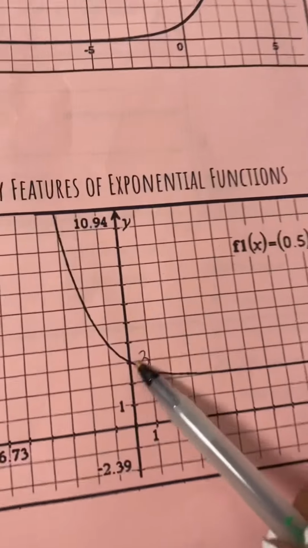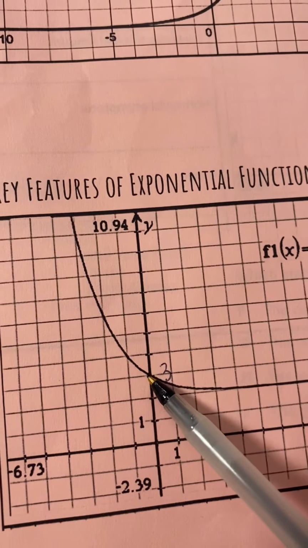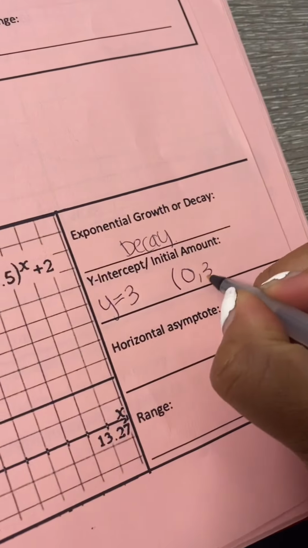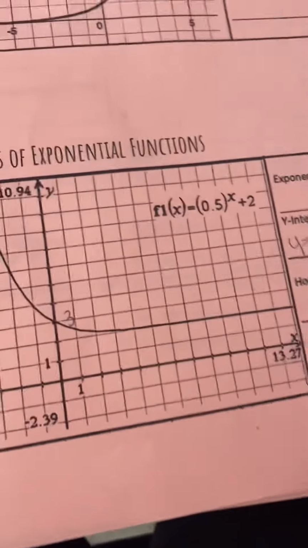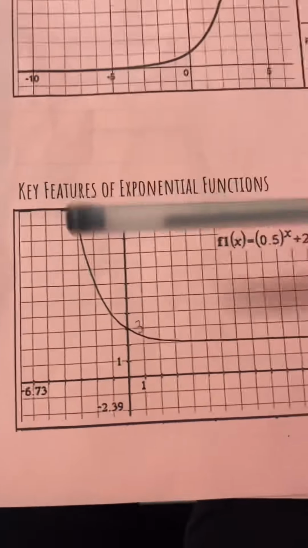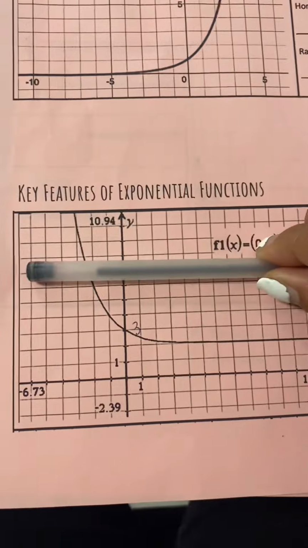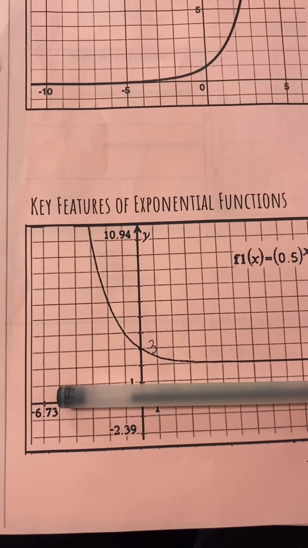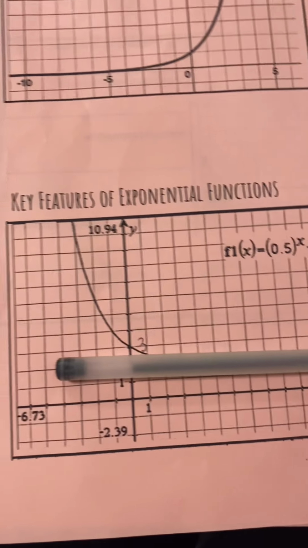So what is the coordinate for this one? This point right here, well, it's (0, 3), right? Your horizontal asymptote, again, is where? Is it up here? Is it here? Is it right here? No, it's at the bottom of the curve, right?